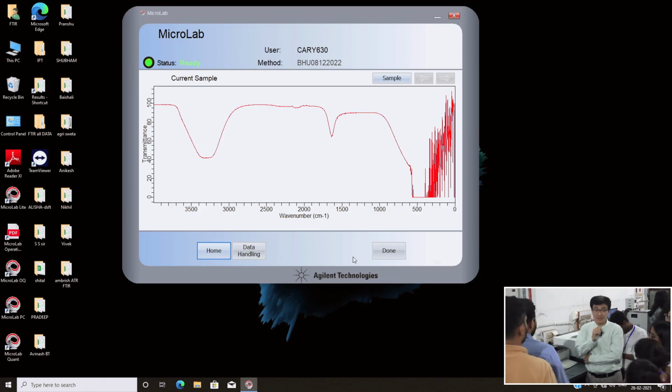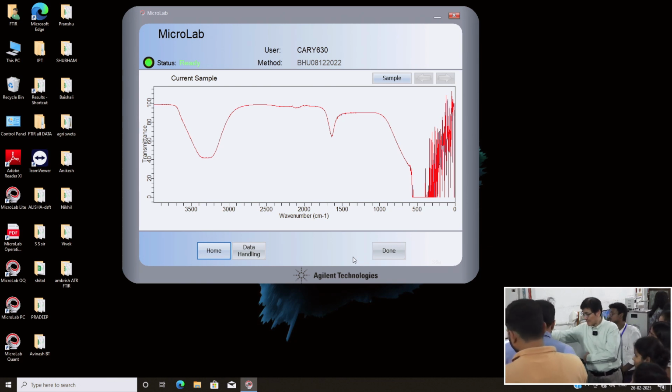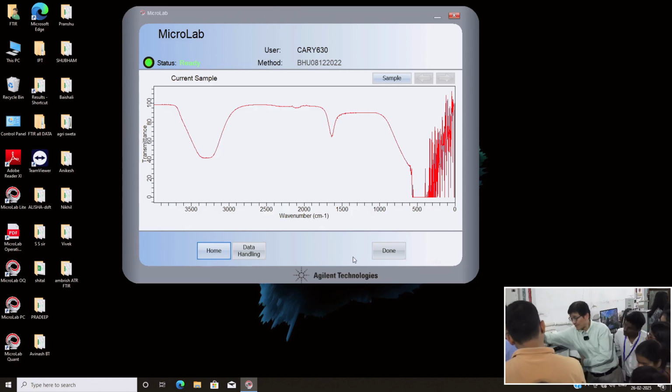Then that is I0. And now, you see, this is a spectrum of water. OH stretching appears, HOH bending appears, and this region is not transparent with this prism. So this region diverges. So this is a solvent spectrum.